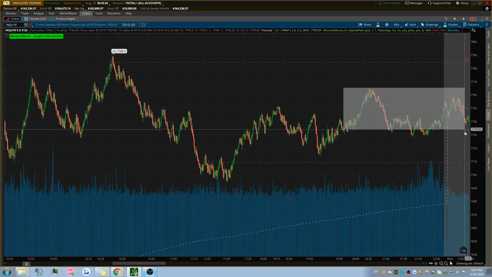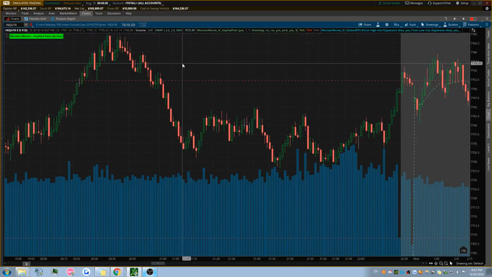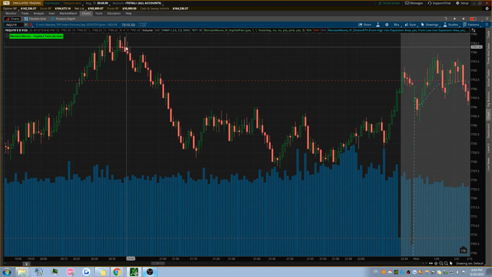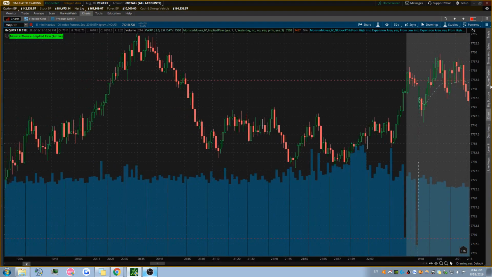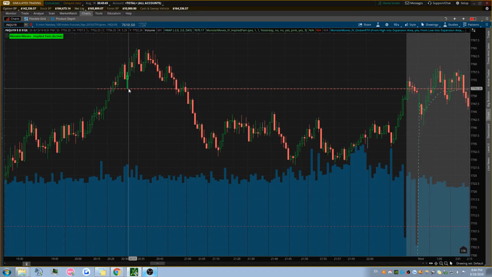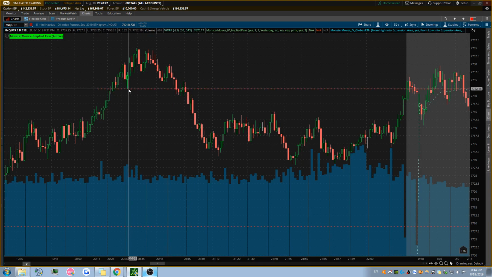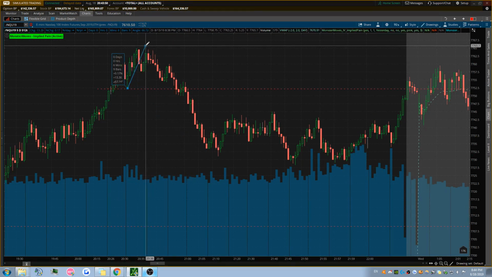I think I missed a level here. Oh, okay, I see what happened. So what happened here is I got baited. I got hella baited. So what I was looking at is, really this is your leg to your high, or at least this is the leg this stuff is contained in.